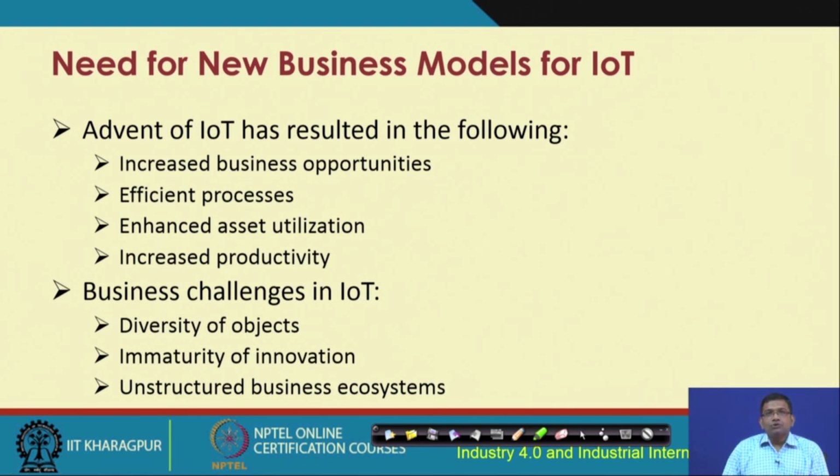So, having understood all these different types of building blocks of any business, let us now switch gear and try to understand why we need these business models and how they are important for IoT in general. The advent of IoT has resulted in different features from a business perspective.